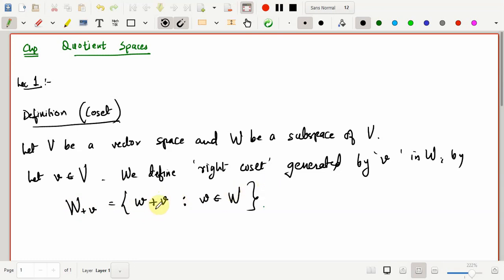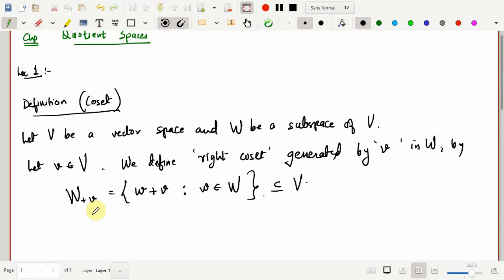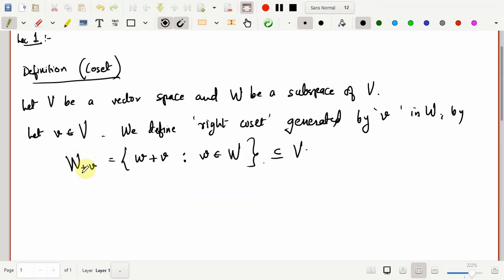You also observe that since v is in capital V, and w is in W, which is a subset of V, w plus v also belongs to capital V. This is called the right coset only because we are adding this fixed v on the right hand side.